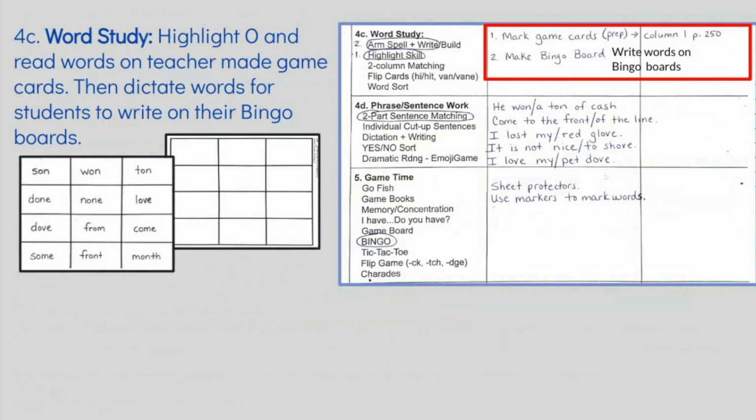The students will highlight the O, say the schwa sound and read the words. Then I will take those same words that were marked and dictate them for the students to write on their bingo boards. They will write their words in random squares until the entire board is filled. We will end our lesson playing bingo for repeated reading practice.